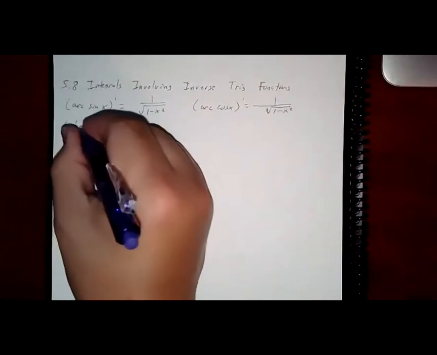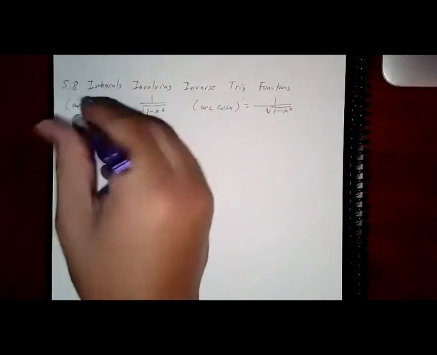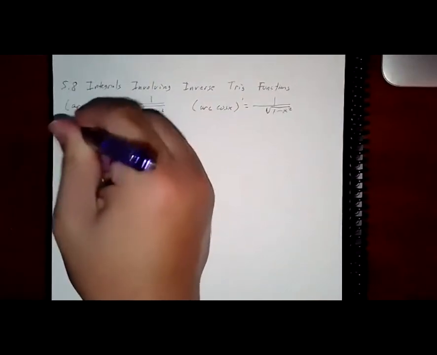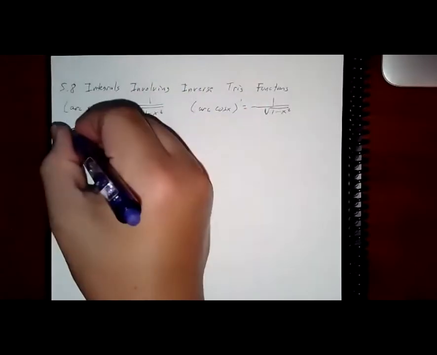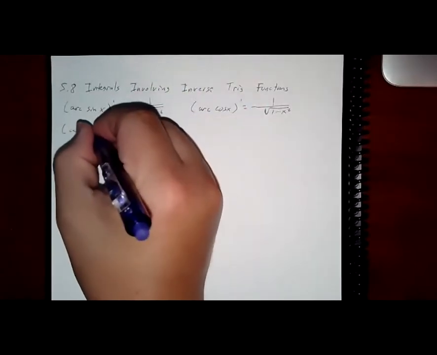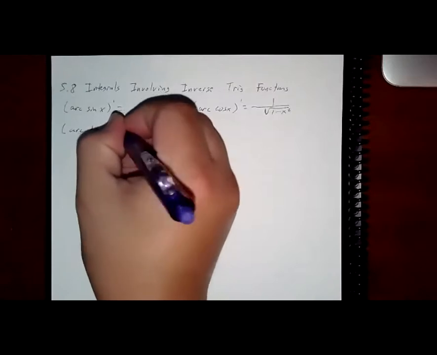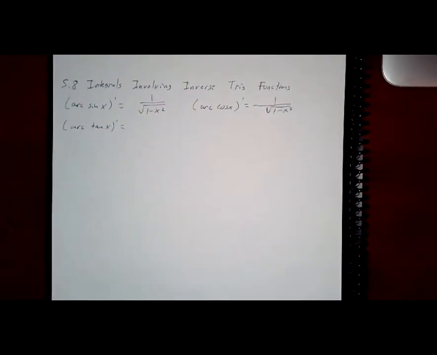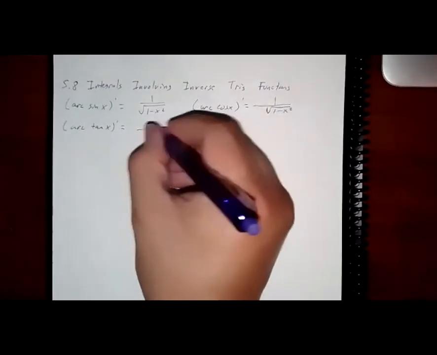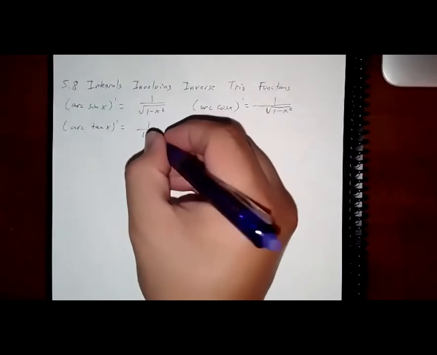The derivative of arc tangent will be equal to 1 over 1 plus x squared.